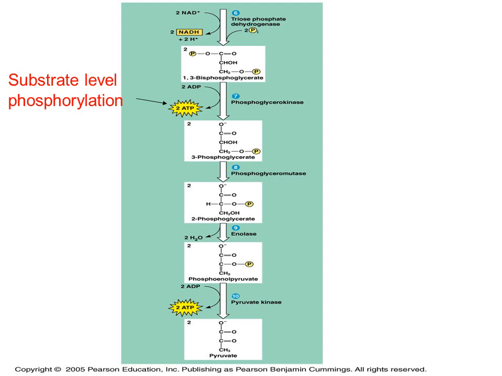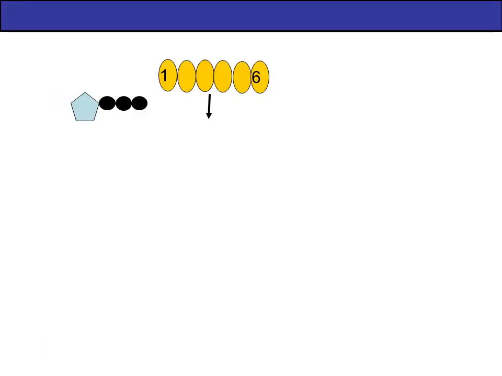This picture illustrates the rest of glycolysis. The first thing that occurs is glucose is going to be converted into glucose 6-phosphate. In this image, we have a 6-circle molecule.